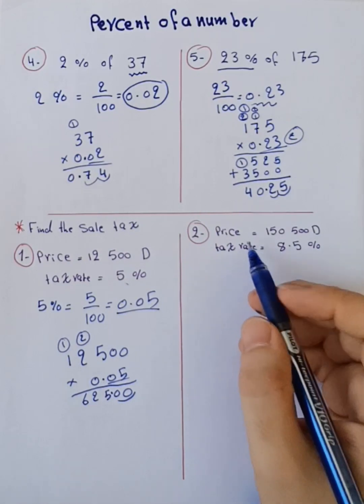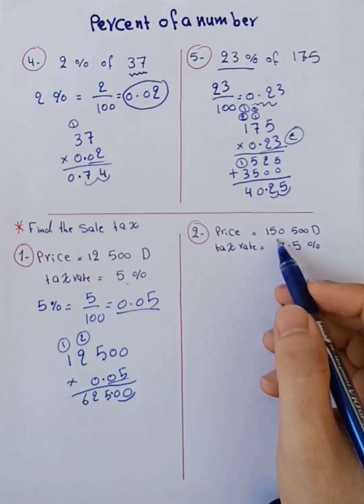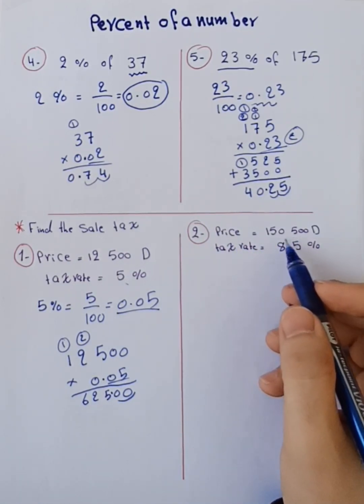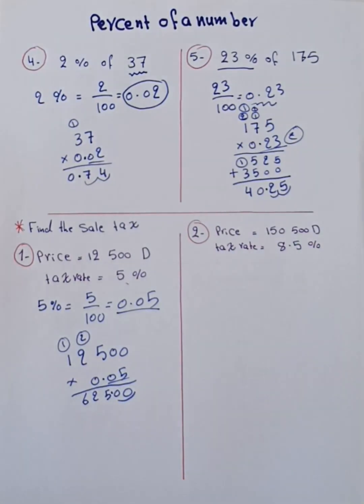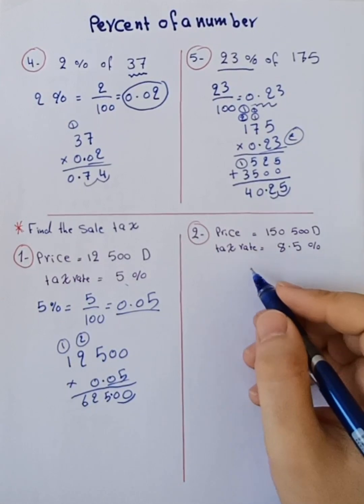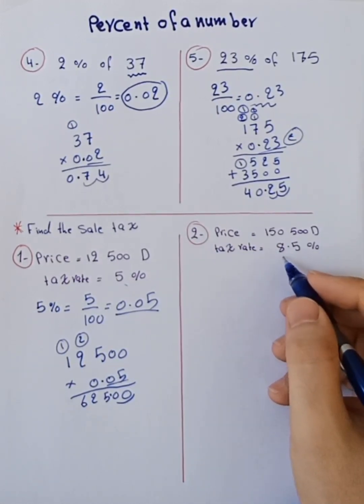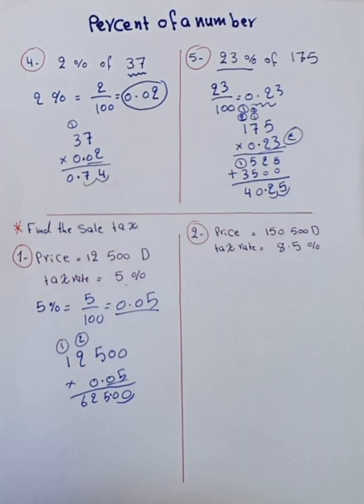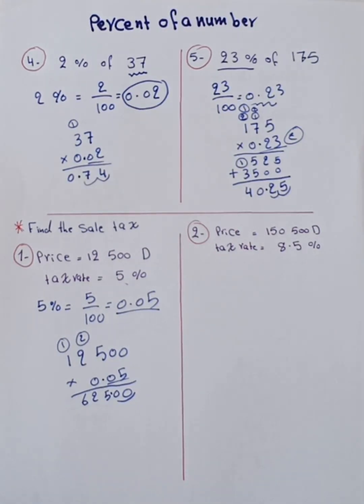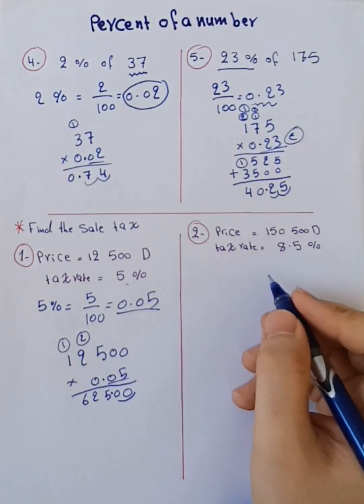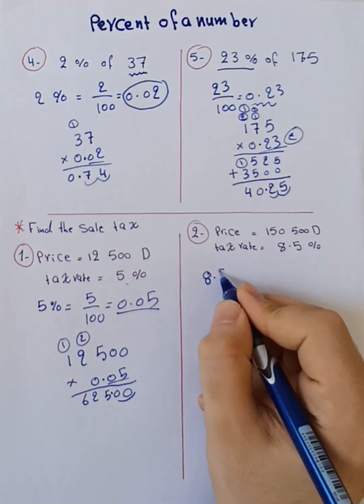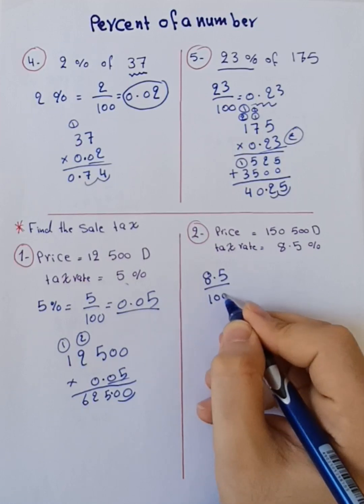Example number 2, we have a price of 150,500 dinars, and the tax rate is 8.5%. First of all, we always have to divide the percent by 100. 8.5 divided by 100.